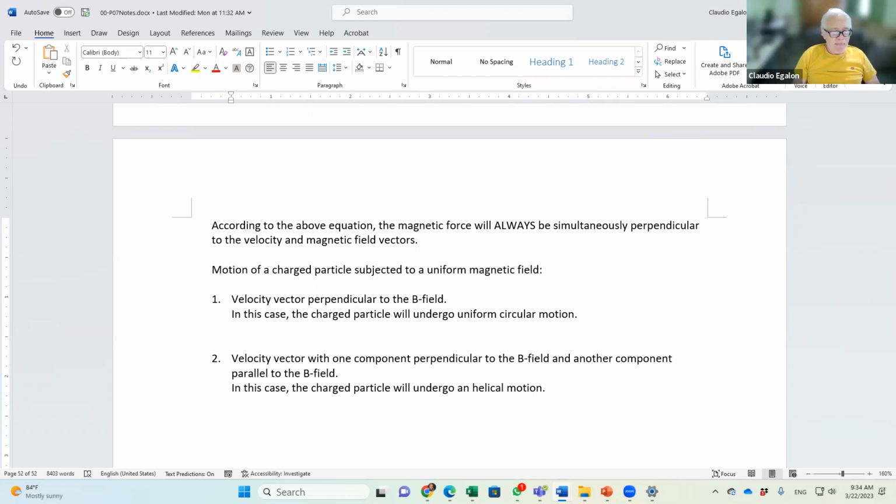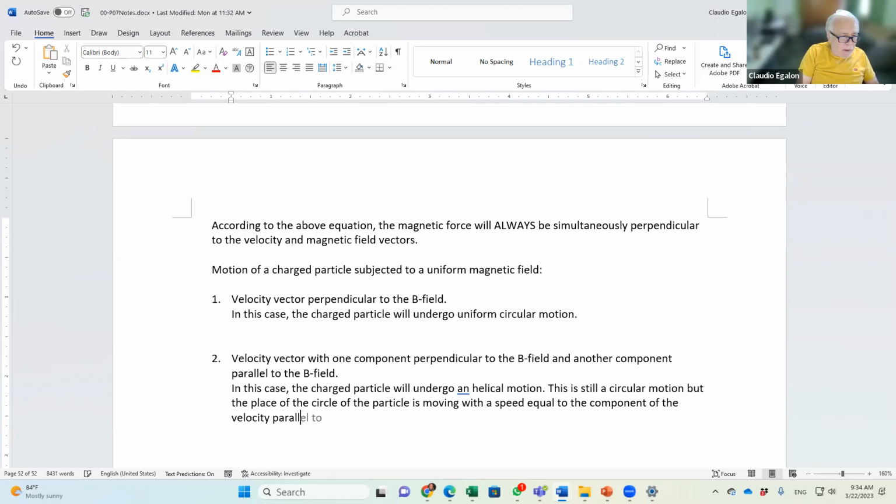This is still a circular motion, but the plane of the circle of the particle is moving with a speed equal to the component of the velocity parallel to the B field.